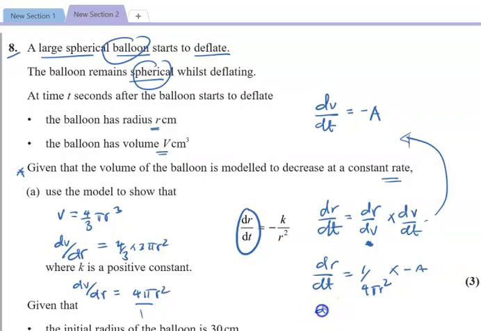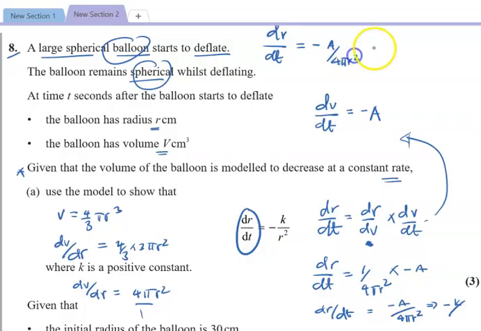That means dr/dt is equal to minus a over 4 pi r squared, which is the same as negative k over r squared. The k here, the constant, is a over 4 pi. That's a constant k, not negative.